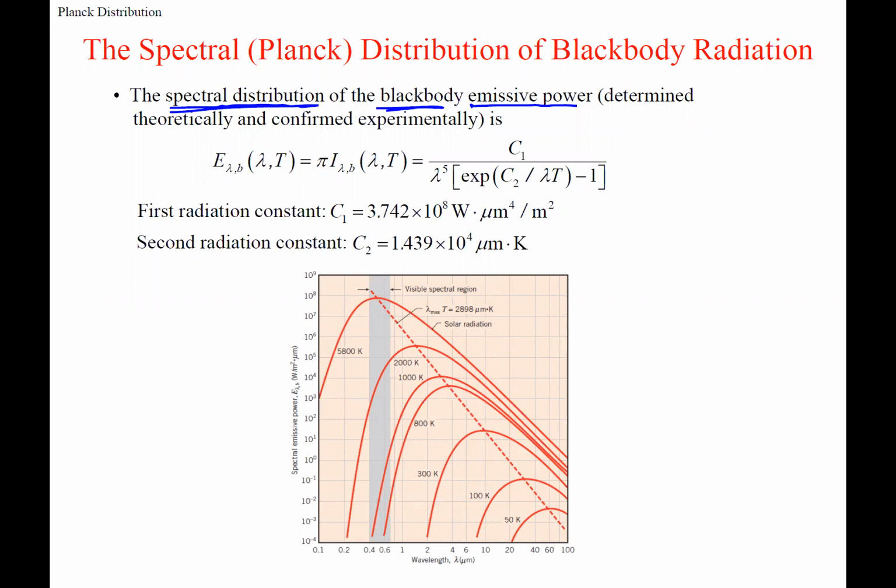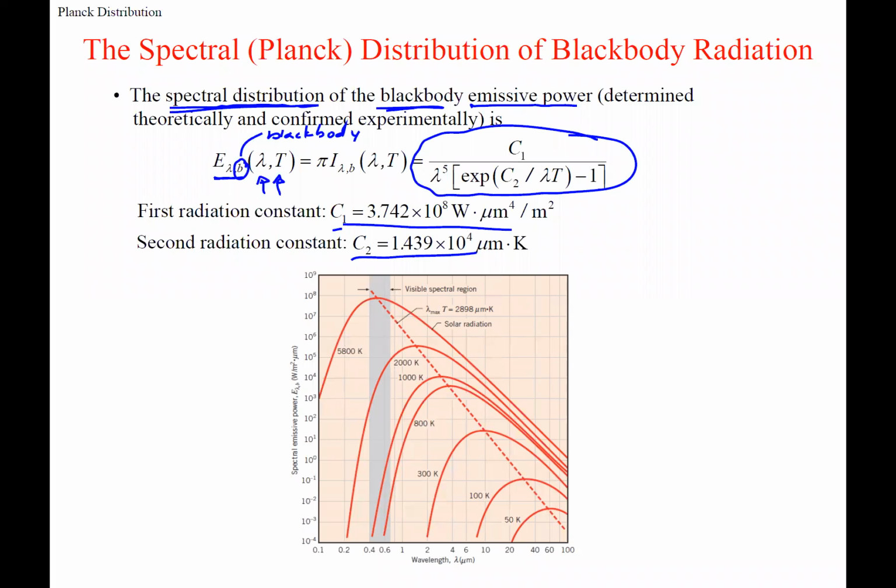What we see here is the equation that defines the emissive power of a blackbody. It's a function of wavelength and temperature, and it has these constants.